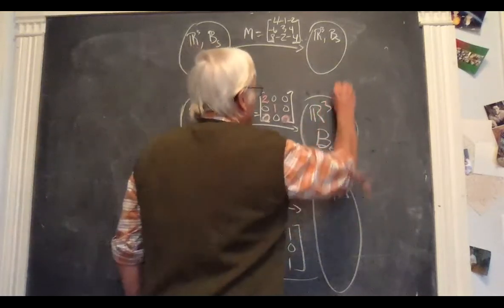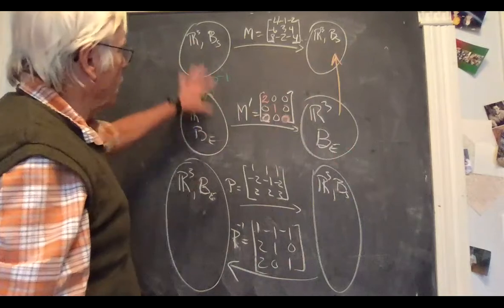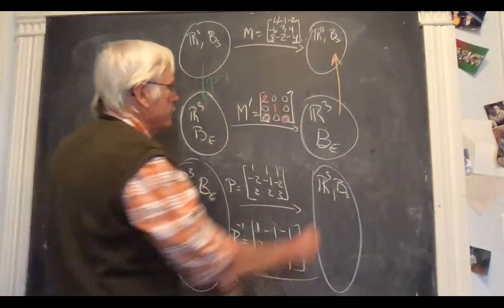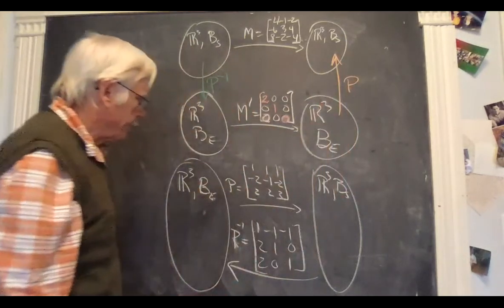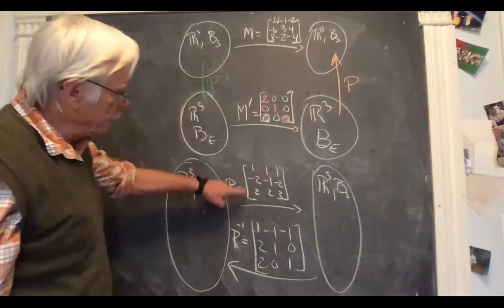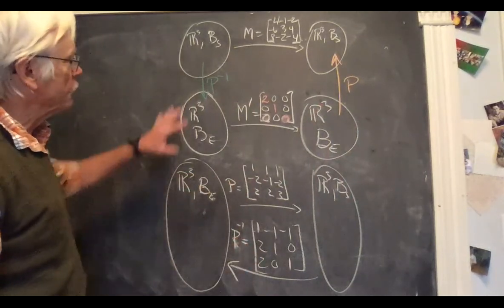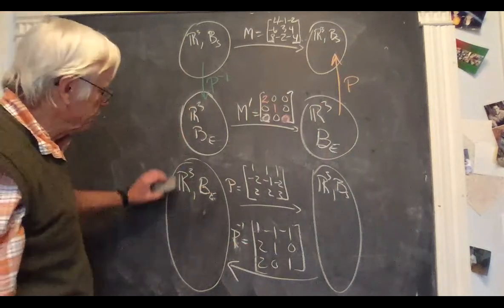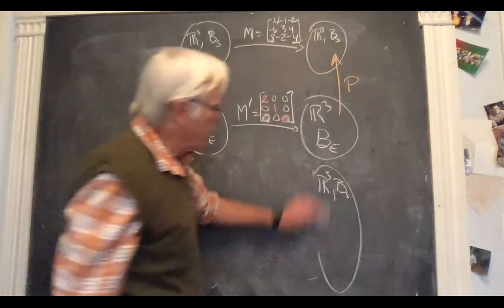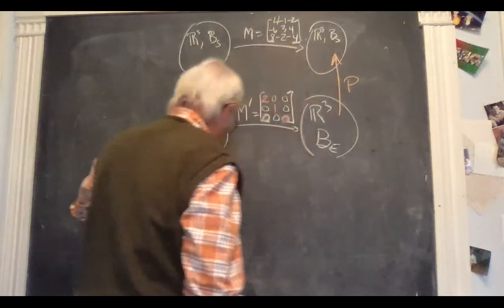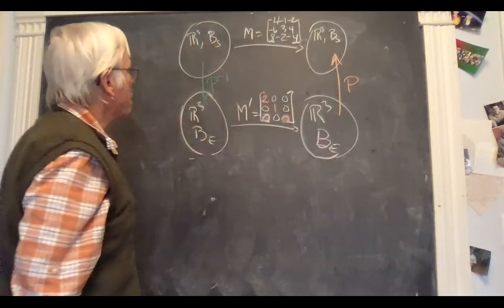Over here, I want to go this direction, and I'll explain why in a second. This is called a blob diagram. And this is the matrix P. And we know what those matrices are. We already computed them. They're on the Mathematica page, and they should be on the sheet if you're following it.